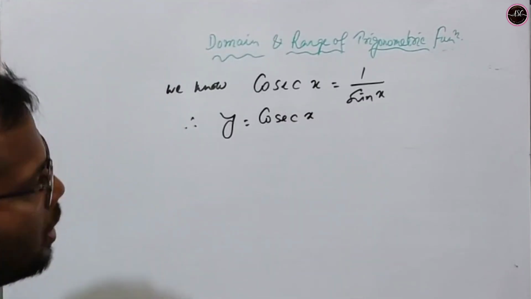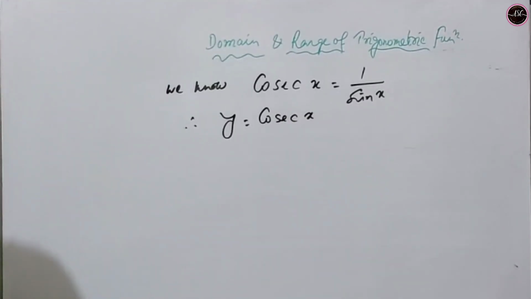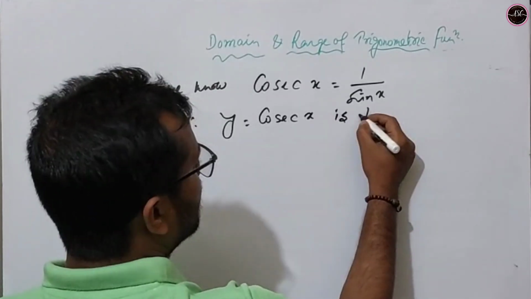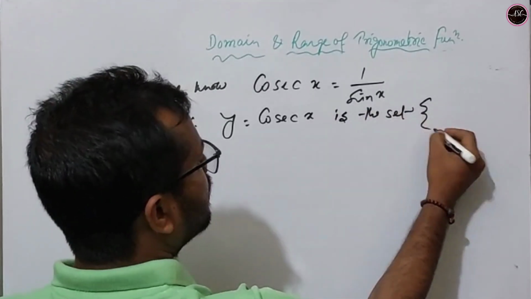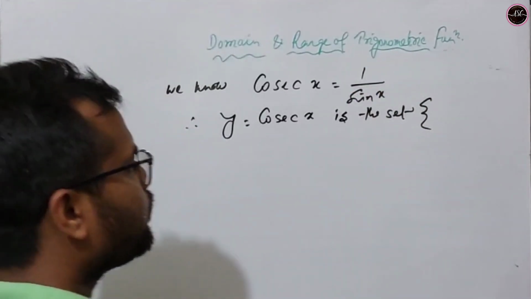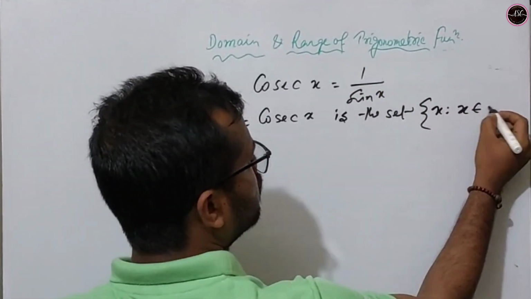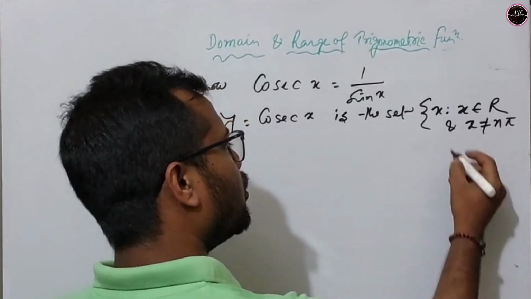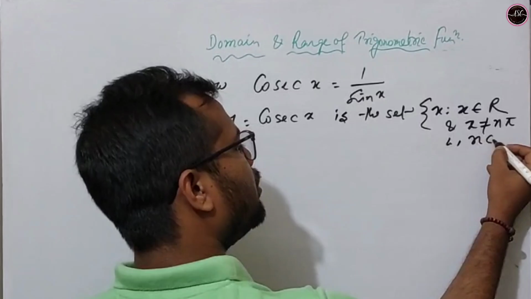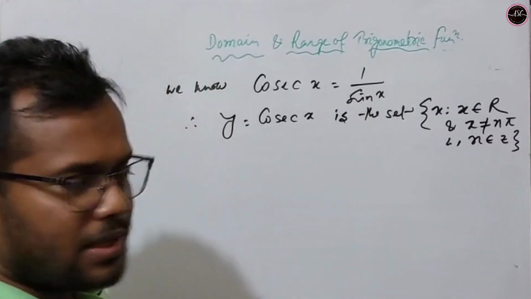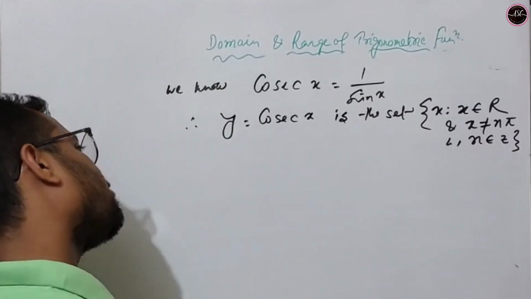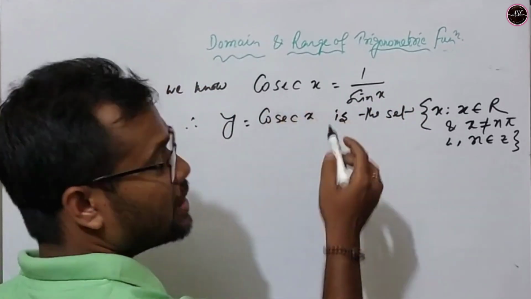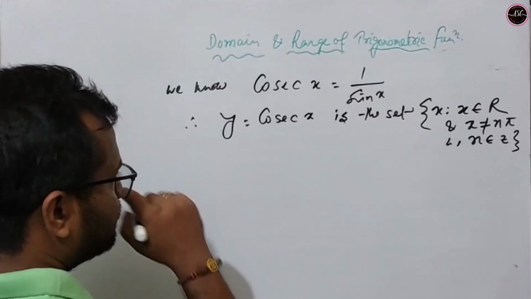How do we represent the set? The domain is the set of x such that x belongs to R and x is not equal to n pi, where n belongs to Z, that means n is an integer. If sin x is 0, then cosec x is not defined.